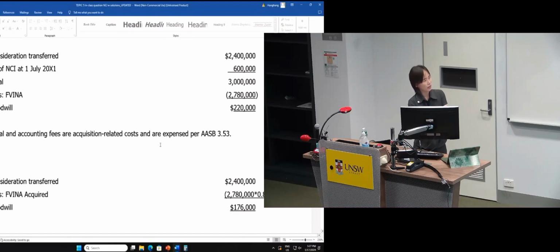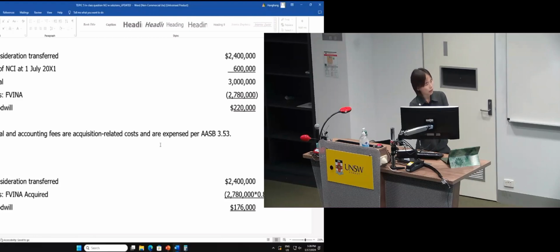You can see using consideration minus AFINA acquired. We already know AFINA from part A, right? 2.78 million. So AFINA acquired is AFINA multiplied by the parent's ownership interest, that is 80%. Consideration minus AFINA acquired, the difference represents the goodwill acquired by the parent.